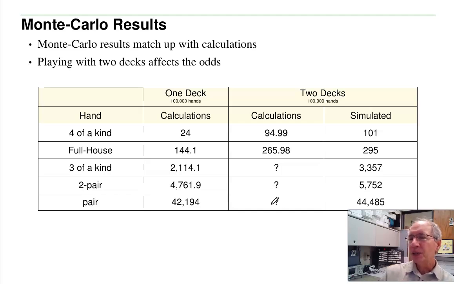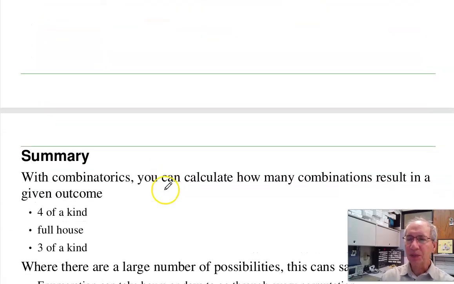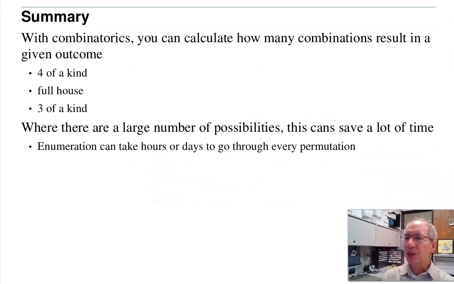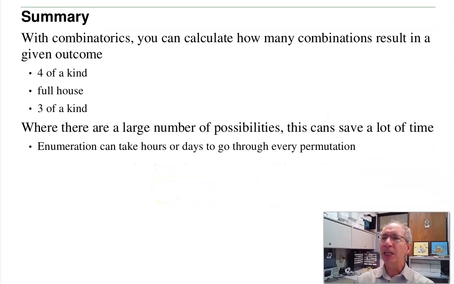You really can't use enumeration in games like those, just because there's too many combinations. But combinatorics will get you the answer dead on, if you do it right. So that's combinatorics. In summary, with combinatorics, you can calculate how many different combinations result in a given outcome. Here in this lecture, we looked at 4-of-a-kind, full house, 3-of-a-kind, things like that, with 1 deck of cards, 2 decks of cards.